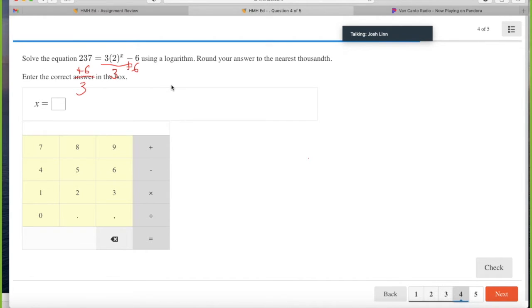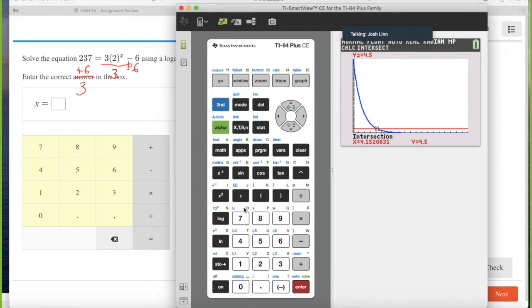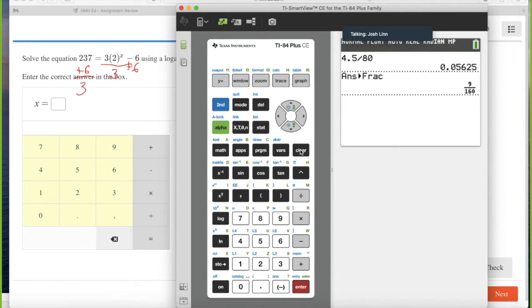And I'm just going to do all of that into the calculator all at once. 237 plus 6. Oh, shoot. There we go. 237 plus 6. So I'm pushing equals right now because I want it to do that plus first.